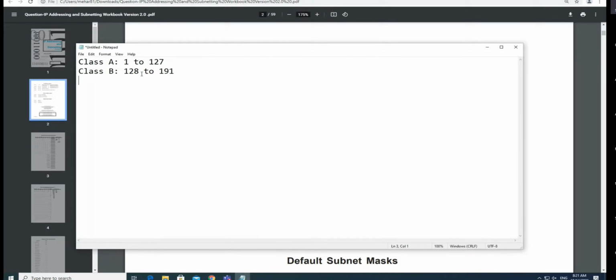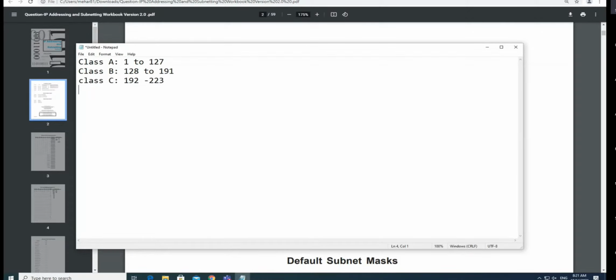If you see a number in between 128 to 191, you can simply say it belongs to class B. Now if I ask you about class C, what is the range of class C? How will you identify whether this IP belongs to class B or class C? In a couple of minutes I will ask you: 192 to 223.